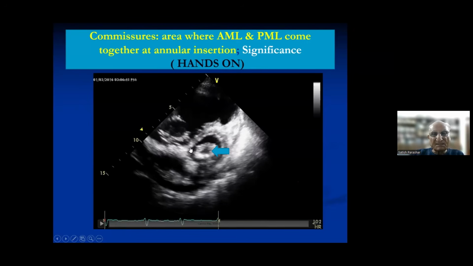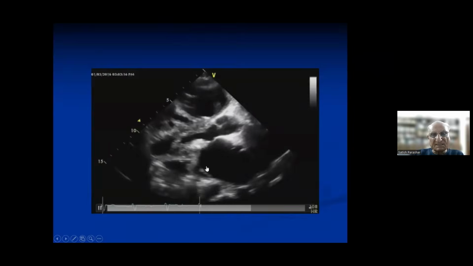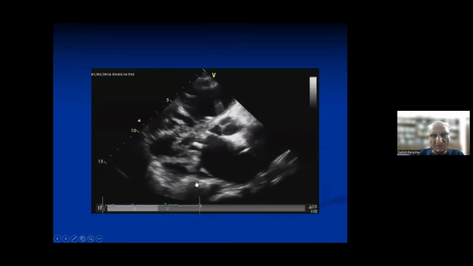This is the place where the anterior and the posterior mitral leaflets come in contact. So rather than wasting time on it, commissural fusion is the main thing in mitral stenosis. And then there are certain other signs which we'll tell you just now.